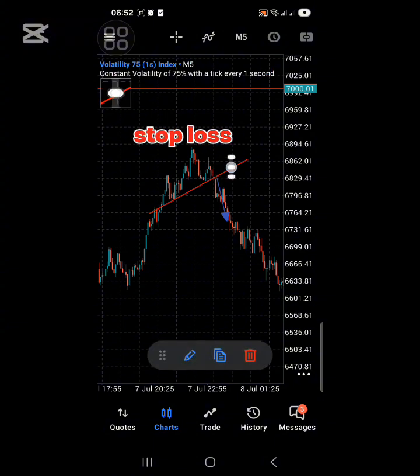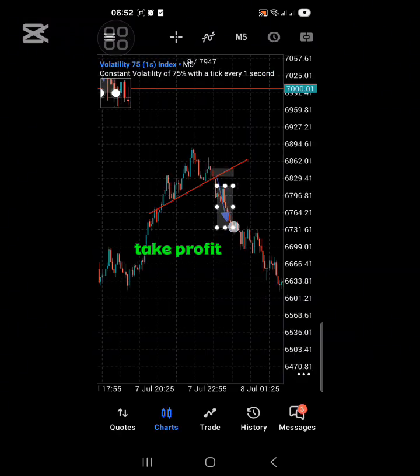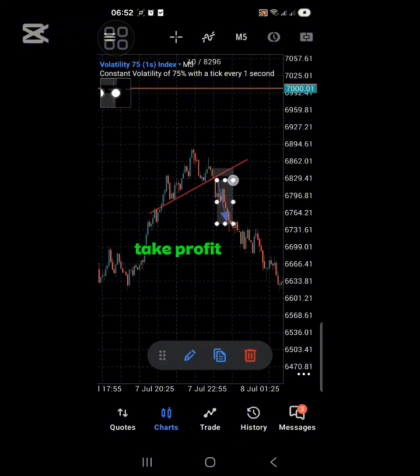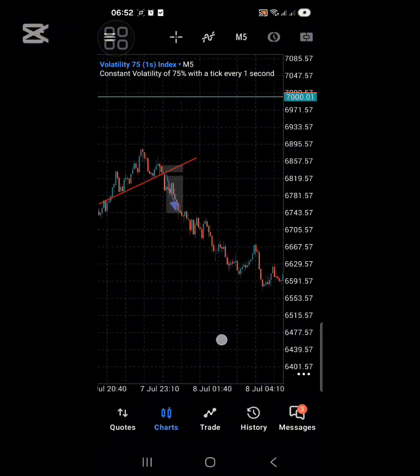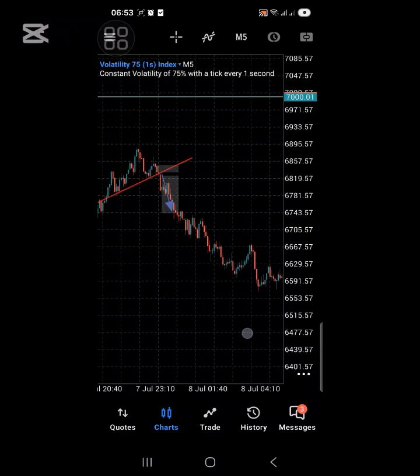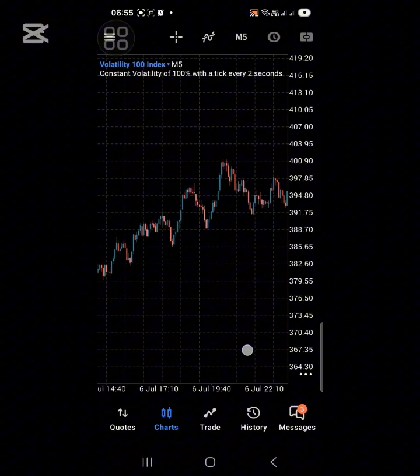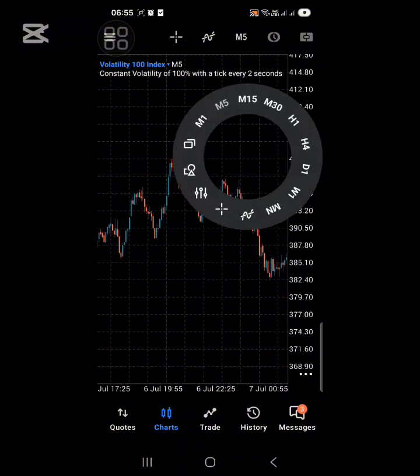It even went further than what I projected, and I marked my stop loss zone and my take profit zone. That's a good risk to reward ratio. The market even went further than the projection, so what you can do is enter and then trail your stop loss, making sure your profits are secure.